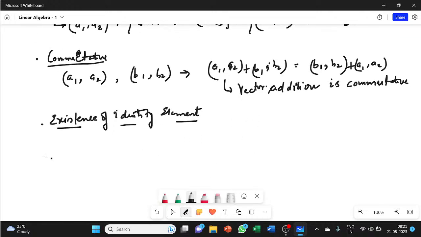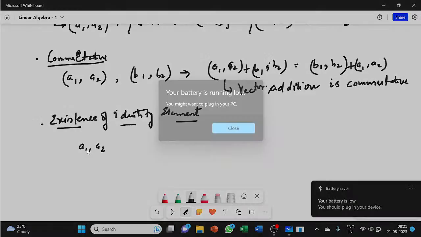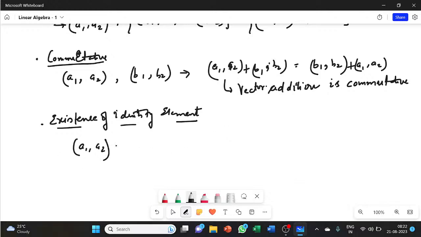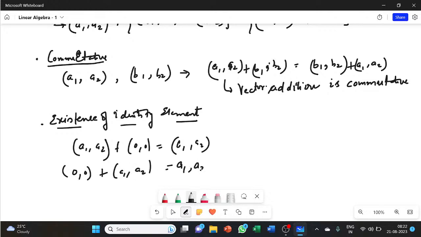So if I have this a1 comma a2, and if I add a null vector to it, what would I get? I would simply get a1 comma a2. Or if I do the left operation, it will yield me the same result. So it implies that there exists an identity element, and this identity element is the null vector.